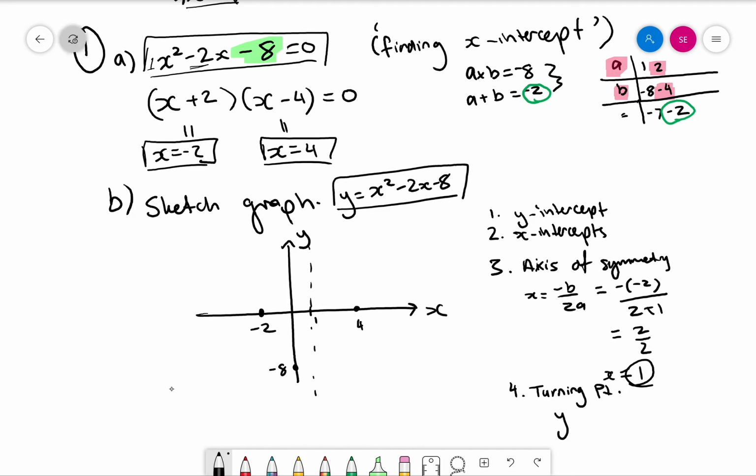So we'll get y equals 1 squared minus 2 times 1 minus 8. So 1 minus 2 minus 8 is minus 9. So we know minus 9 here will be the turning point. Alright, and again, it's not going to look like a good graph because mine never do, but it'll look like this.